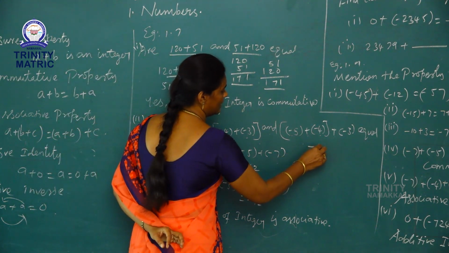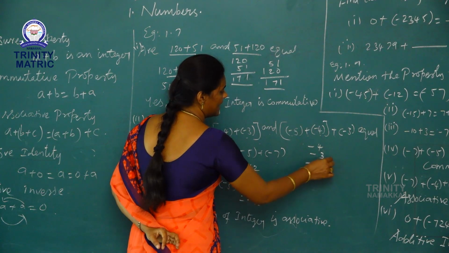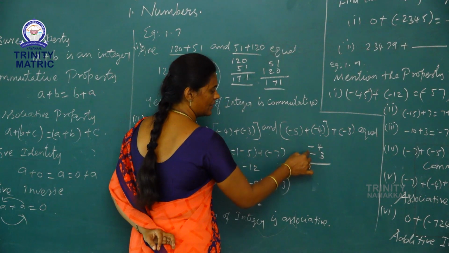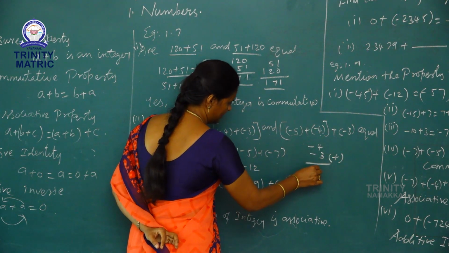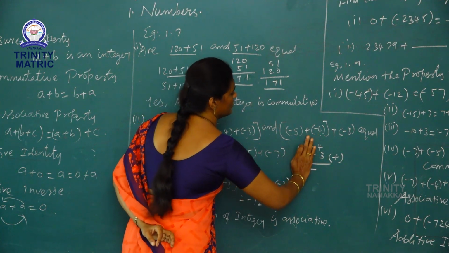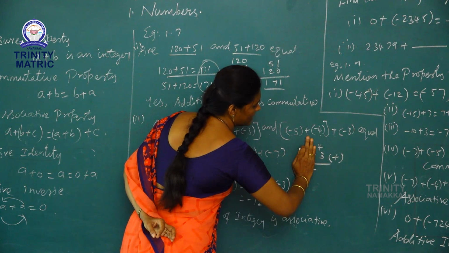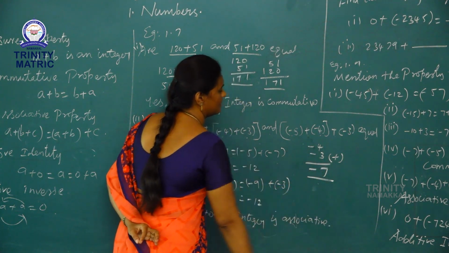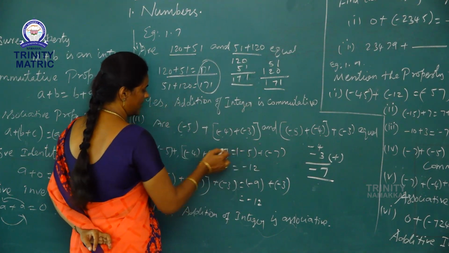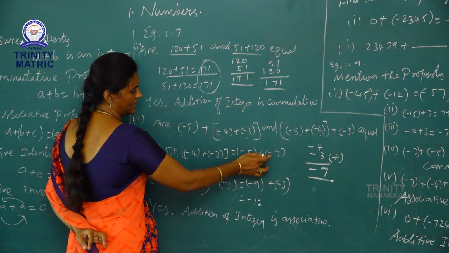Listen carefully. Here the signs are the same, so we can add the integers. We put the same sign in the answer. Now you just leave the sign. What are the numbers? 4 and 3. Just add: 4 plus 3 is 7. See here, minus 4 and minus 3, we add these two integers, we get minus 7.